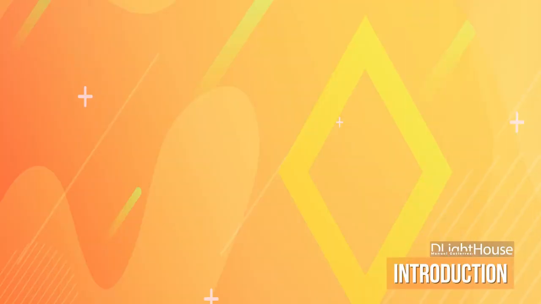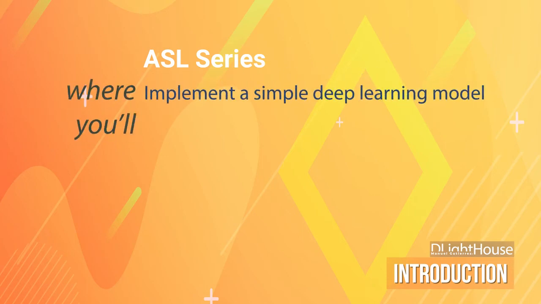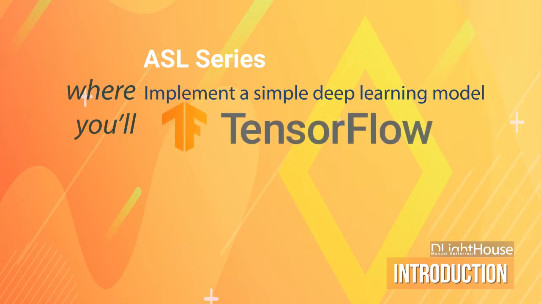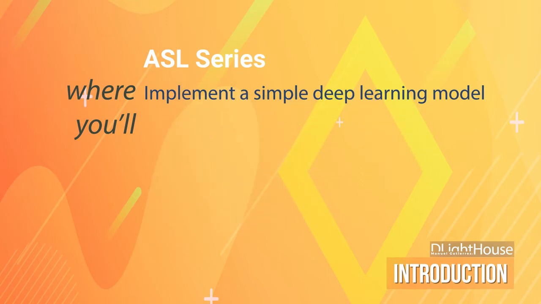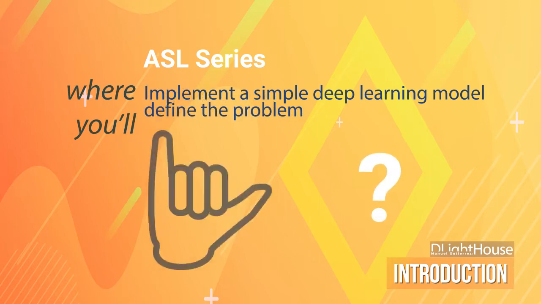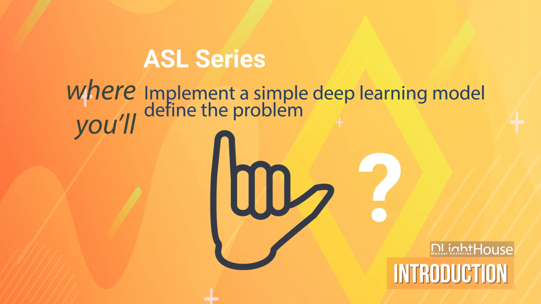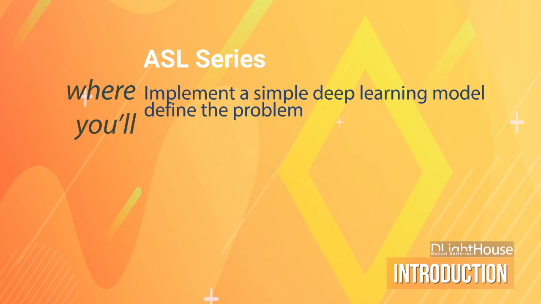Let's start! This video is part of the ASL classification series where you'll implement a simple deep learning model using TensorFlow and Keras for classifying images. First, we define the problem that we want to solve, identifying hand signs for the American Sign Language ASL. Then, we collect or download some data representing examples of what we want to learn how to classify.